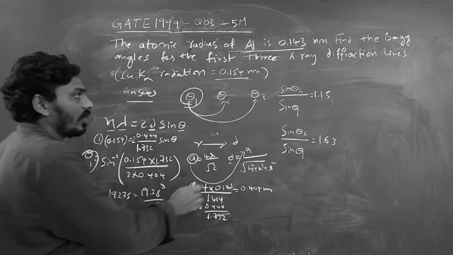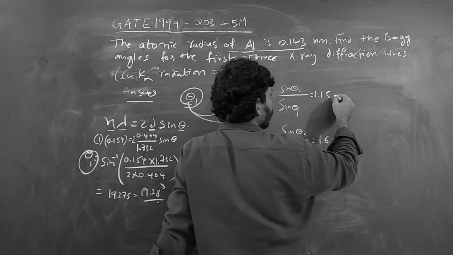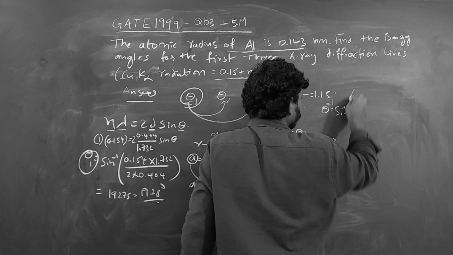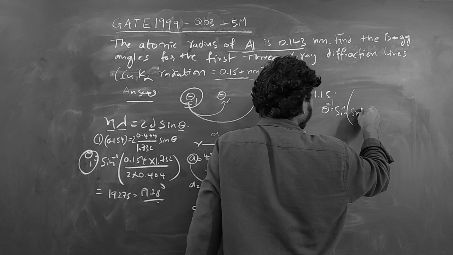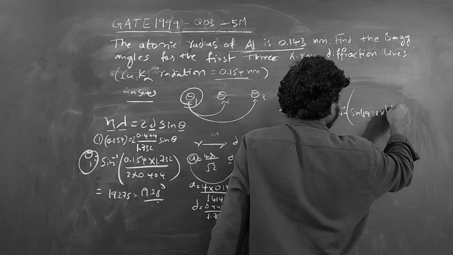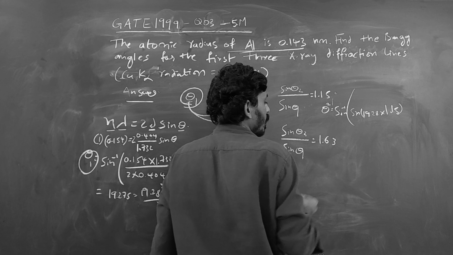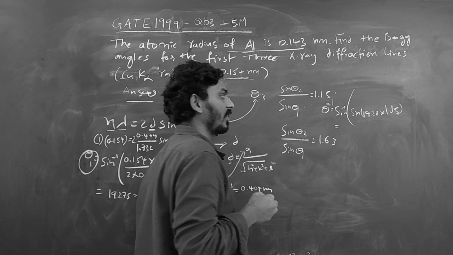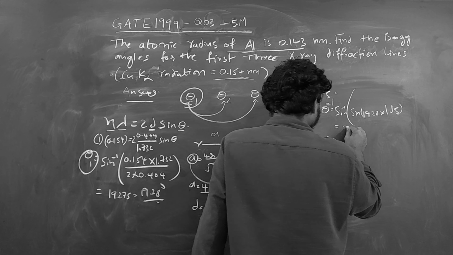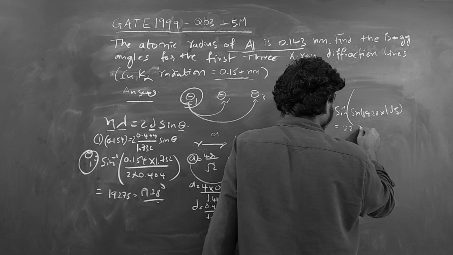From this theta 1, we can calculate theta 2. So theta 2 is equal to sin inverse of sine of 19.28 into 1.15. Put it in our GATE calculator, 22.23.